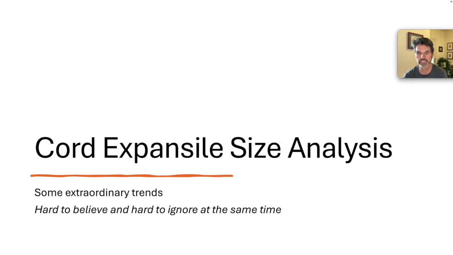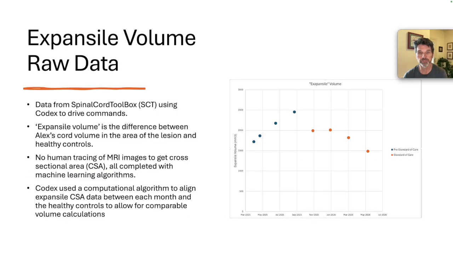So let's look at the data. All the data from here on now is from that Spinal Cord Toolbox, and this graph on the right shows each data point is one of the MRI sequences that has occurred, and this is the expansile volume coming from that Spinal Cord Toolbox. And this expansile volume is the difference between Alex's cord volume in the area of that lesion, subtracted out the volume of a healthy control.